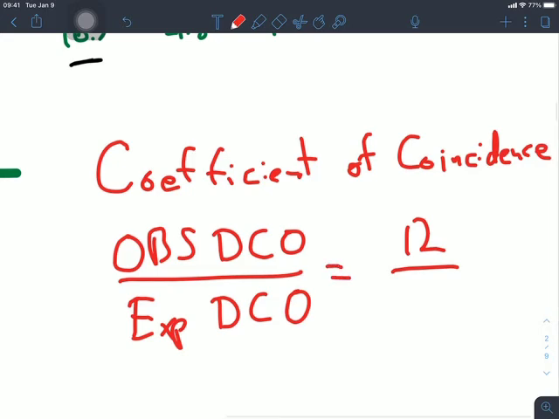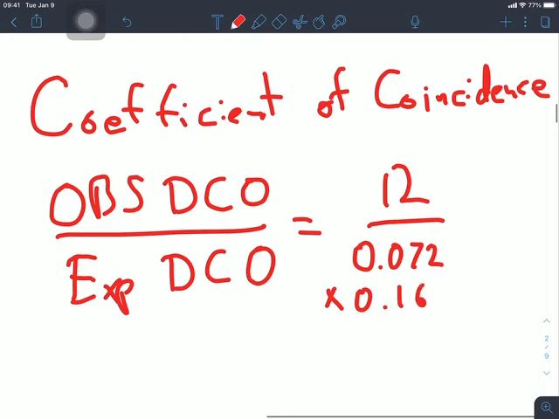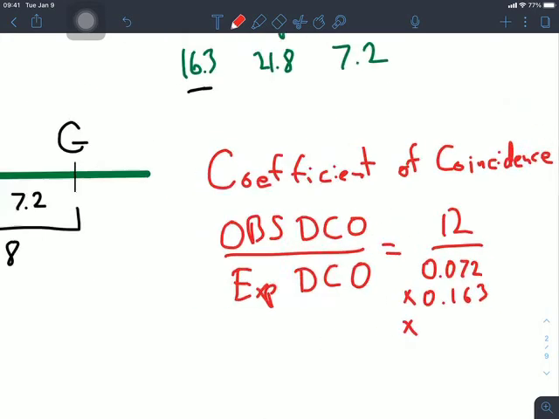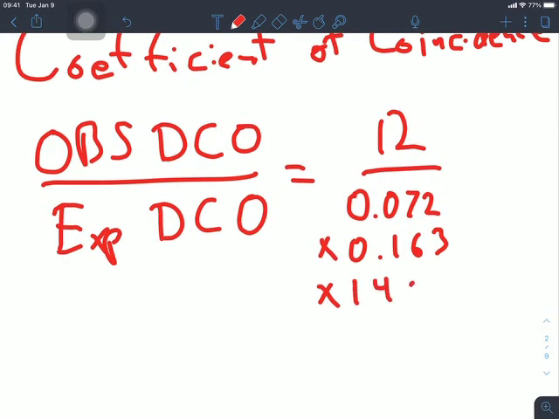So our distances were 0.072 for our 7 map units times our 16.3, or 0.163 map units, and again multiply that by our sample size of 1409, and you will get a value of 16.5, meaning that we expected more double recombinants than we observed.